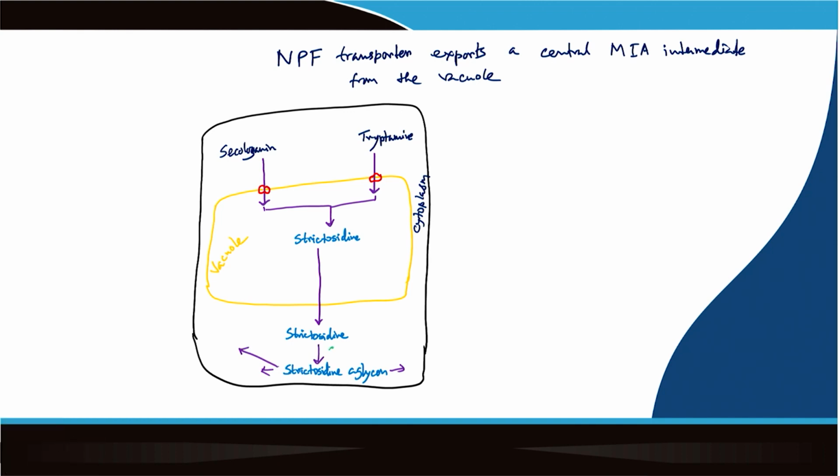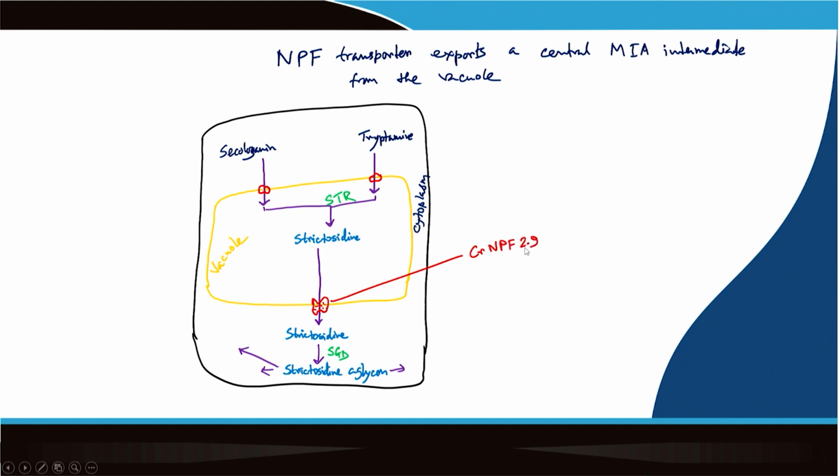We have said that this is SGD, this is STR, but what is to be discussed now is this one. There is a transporter here which transports this out, and this is the CrNPF2.9.